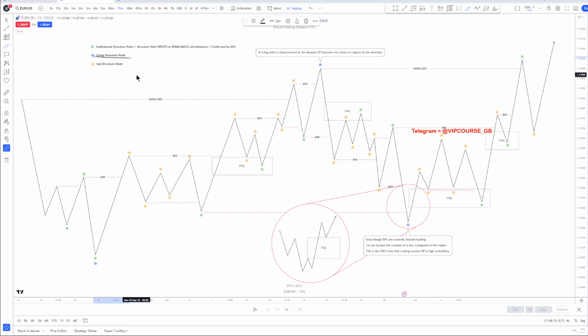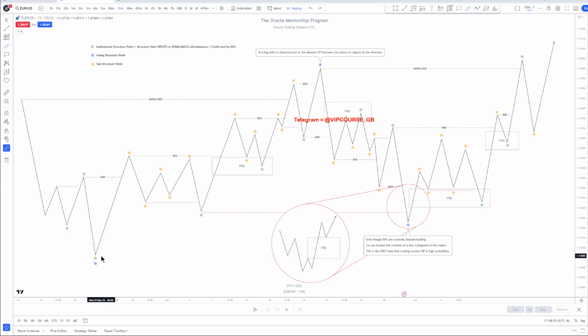Swing structure point is the second most important type of structure. It is characterized by, when we're looking at a low here, it would be a low which is an ISP. All swing structure points are ISPs.